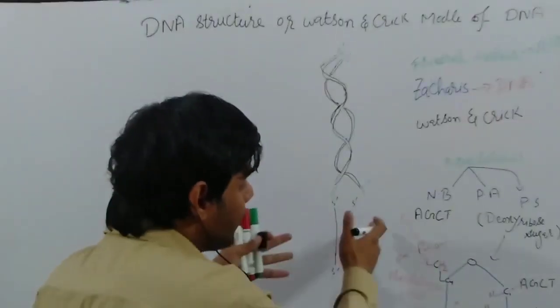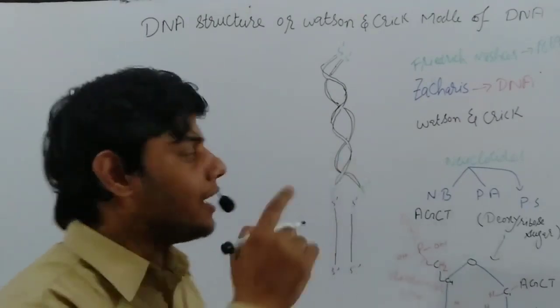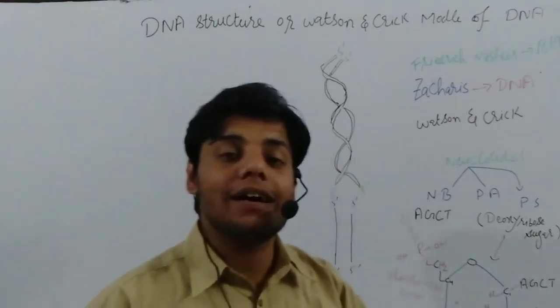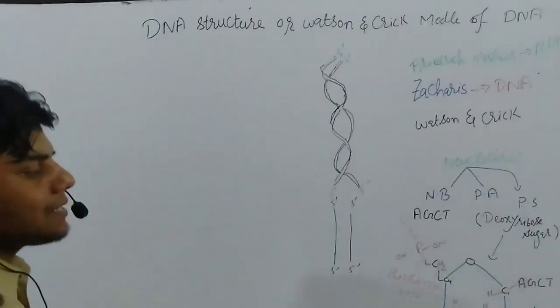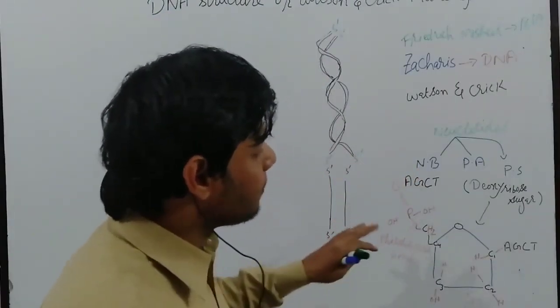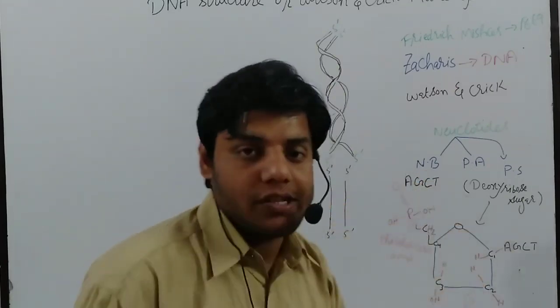So both strands are opposite to each other. That's why they call DNA anti-parallel.